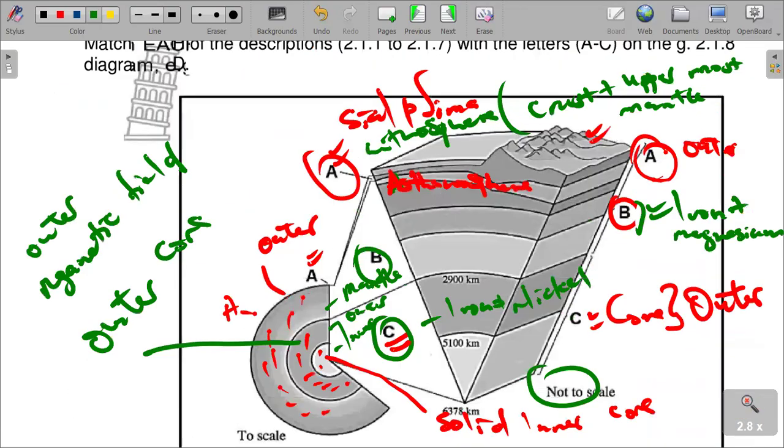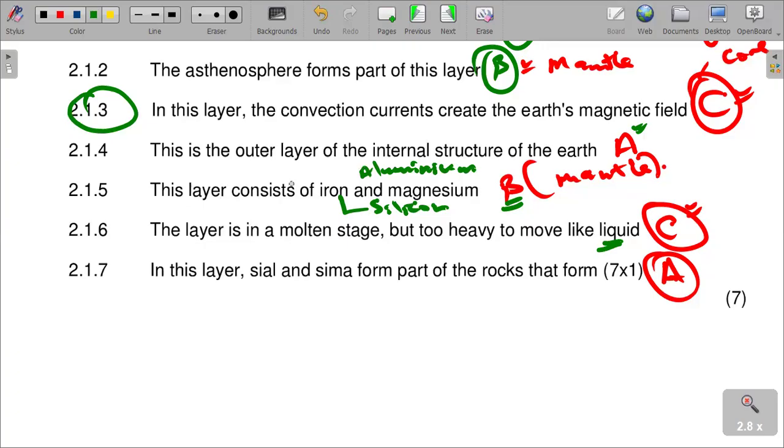Layer C is too heavy and cannot move, and it is in a molten stage. This layer has got Sima, which forms part of the rocks that form in there.